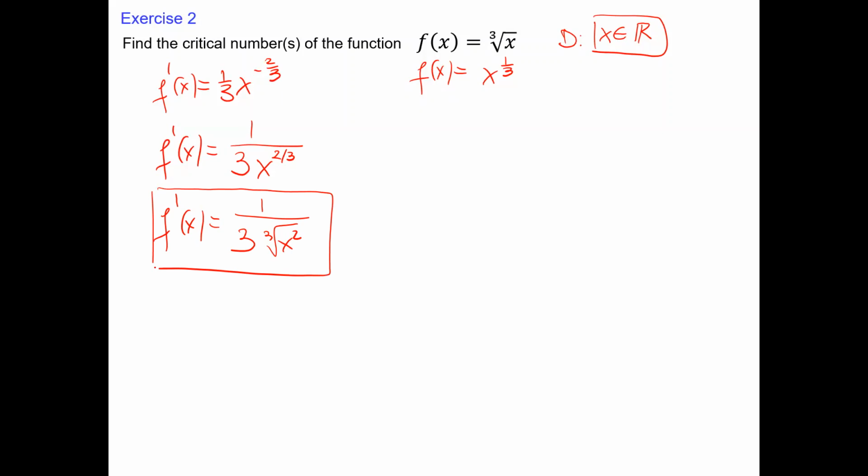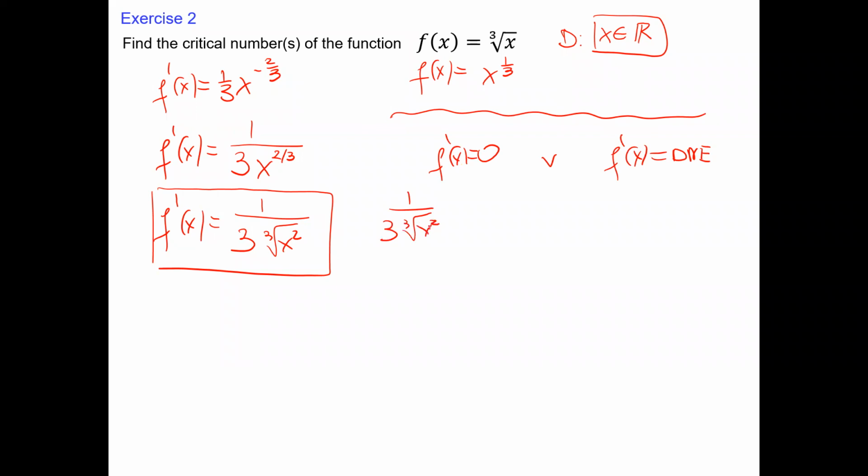Okay, and now we have to consider two cases for the critical points. I can maybe write here: derivative is 0 or derivative is undefined. We have to find these x's. Derivative looks like this. 1 over 3 cube root of x squared equals 0 if the fraction equals 0, if the numerator equals 0.